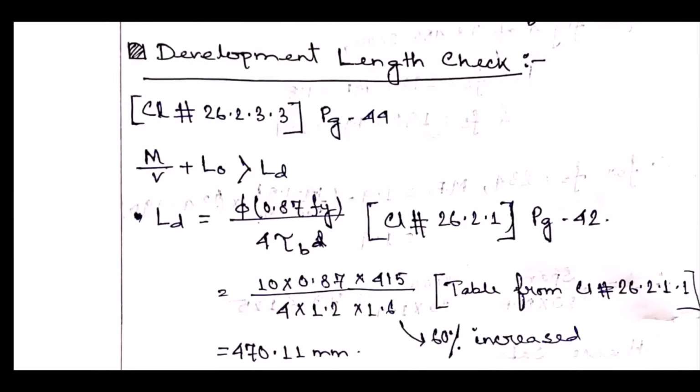The next step is the development length check. For the development length check, we know we have to go to clause number 26.2.3.3, page 44. From this clause, we get the formula M1 by V plus L0 is not less than LD. Let's check the formula first from the code.